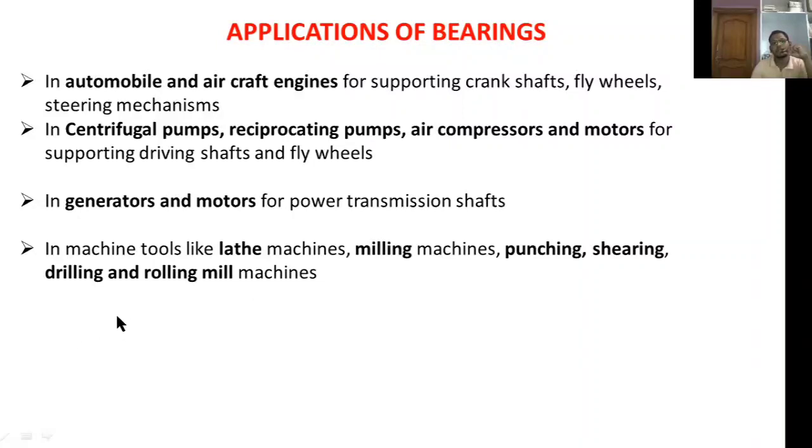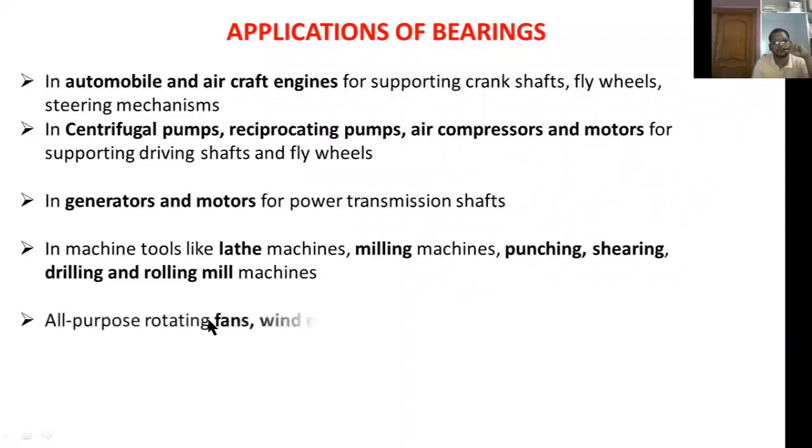Bearings are widely used in mechanical workshops. For example, bearings are used in lathe machines, milling machines, punching machines, shearing, drilling, and rolling machines. These all come under mechanical machine components. So bearings are widely used in mechanical machines.